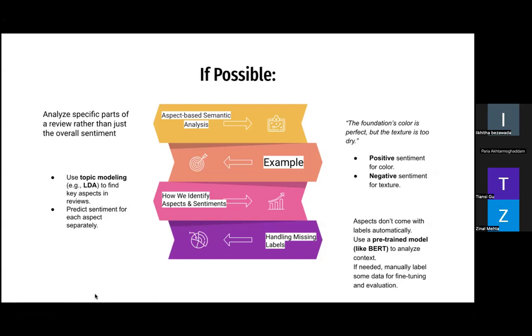Then we use a model to predict the sentiment for each aspect separately. However, these aspects don't come with ready-made labels, so we can use a pre-trained AI model like BERT to understand the context. And if we want to improve accuracy, we need to manually label some data for training and evaluation.